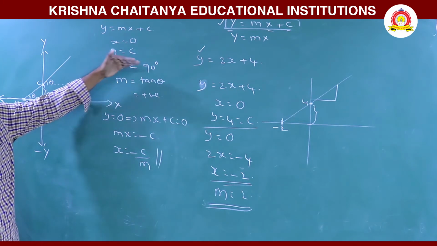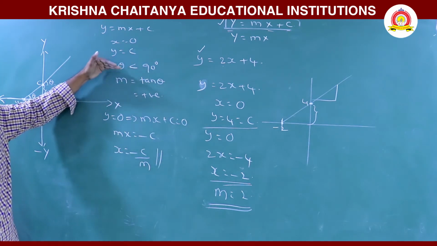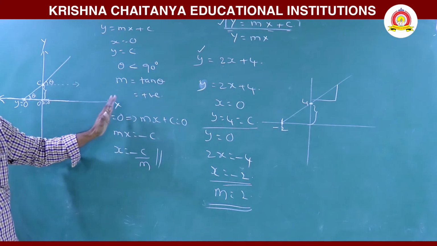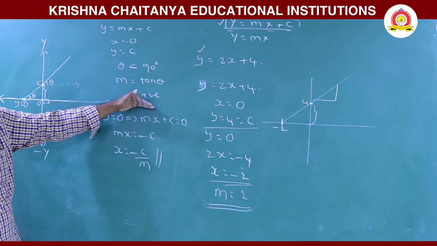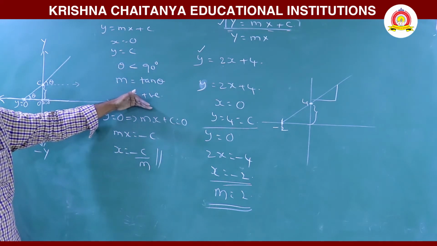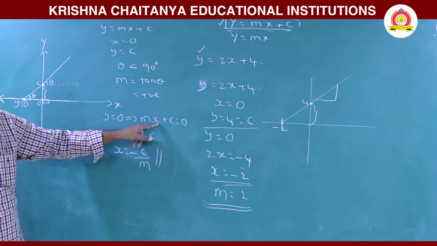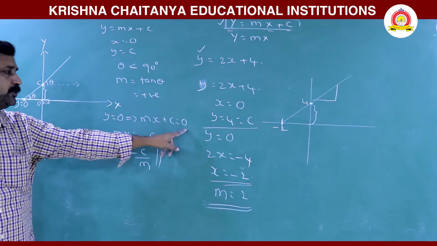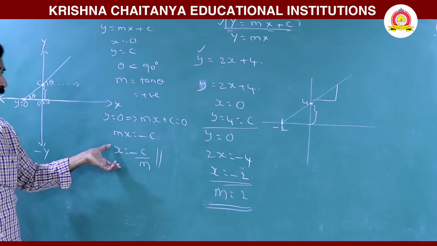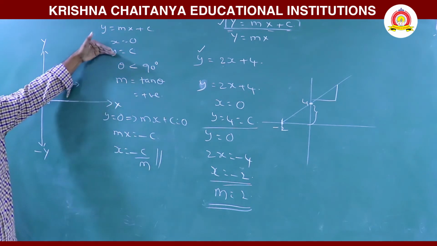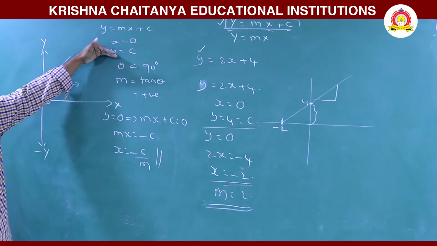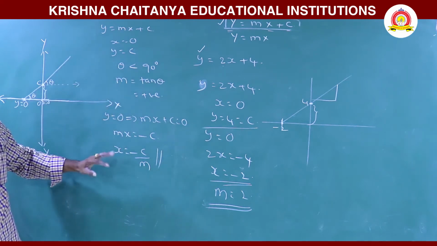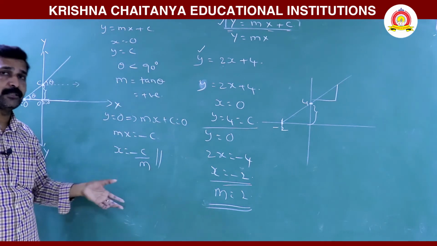Theta is the angle made with the positive x axis. If it is less than 90, the slope is positive. And if you want to find the x intercept, take y value as 0, then you will get the x intercept. So these are the basic steps to determine straight lines, whether they pass through the origin or not.